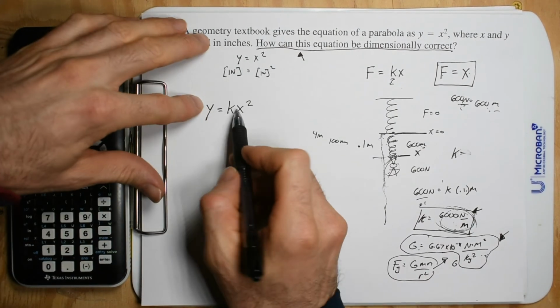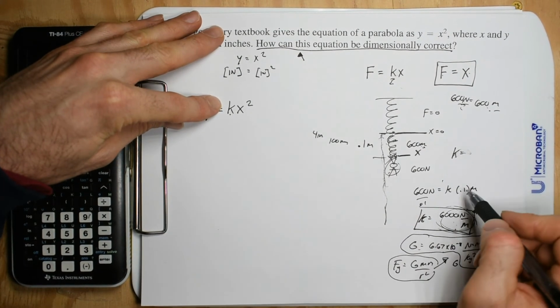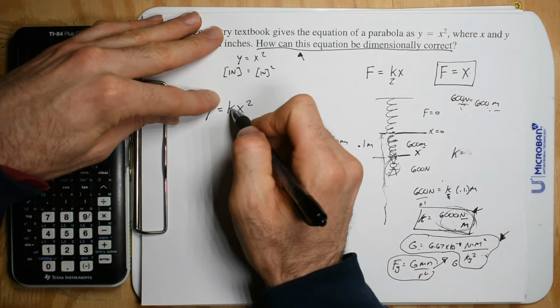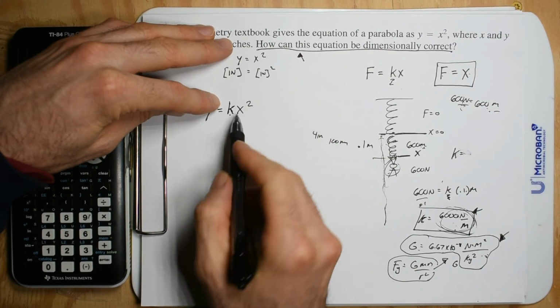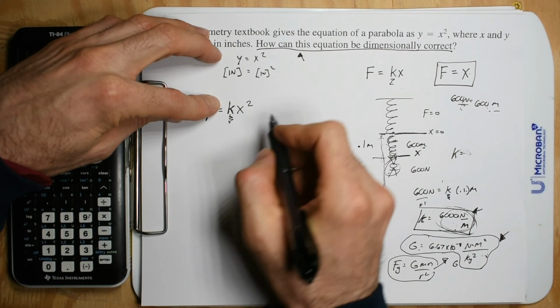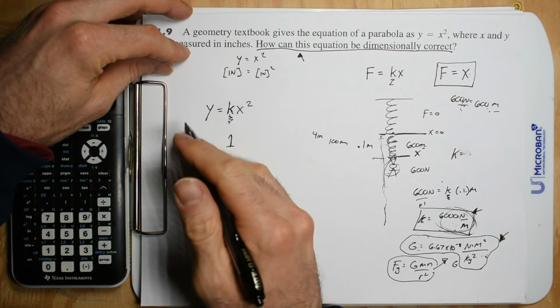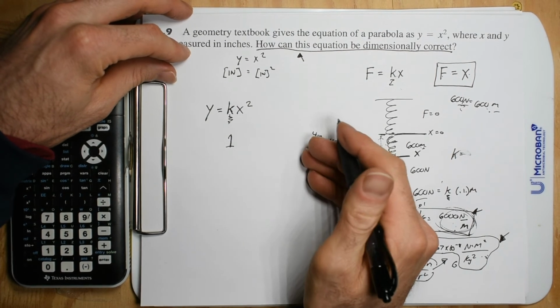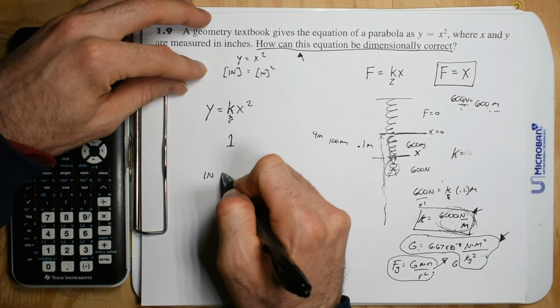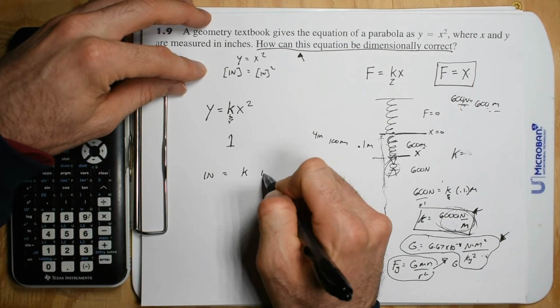Okay, so let's do it. We just figured out that a constant can be applied anywhere, and in this case the constant is just 1. It's got a value of 1. It doesn't change the equation at all. And now we have inches is equal to K times inches squared.